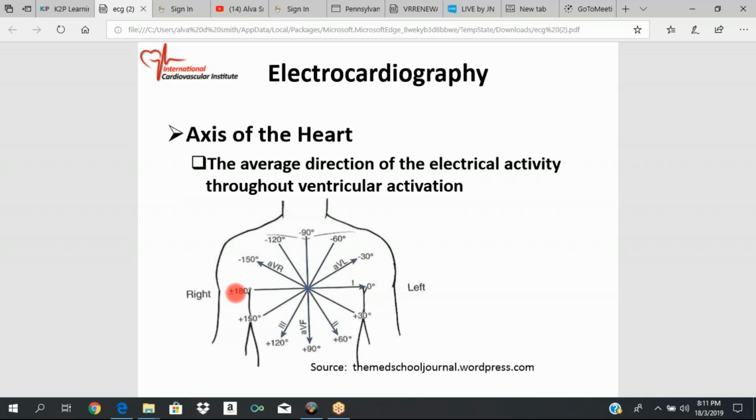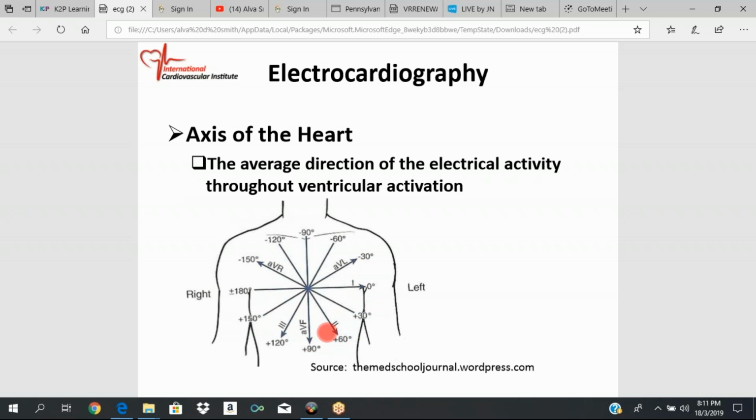Negative lead one is on the opposite side, and that's plus or minus 180. You have lead one and lead two, these are limb leads. Remember what we said: all the degrees down here are positive. Positive lead two is 60 degrees.